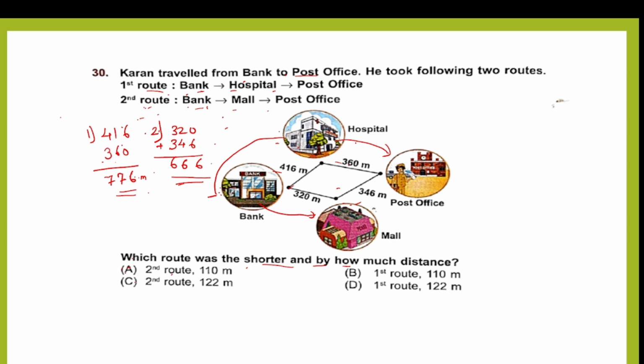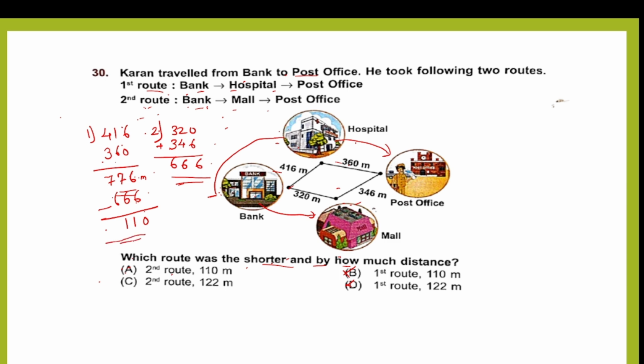Therefore, option A or C is correct. B and D are not correct. Now let's see how much distance is shorter. So if we take 776 minus 666, do the subtraction. This is 6 minus 6 is 0, 7 minus 6 is 1 and 7 minus 6 is 1.